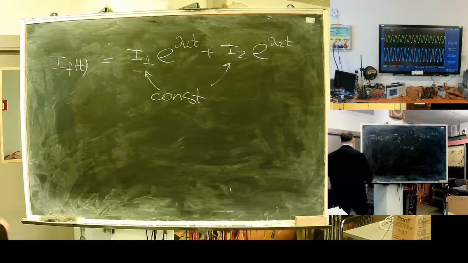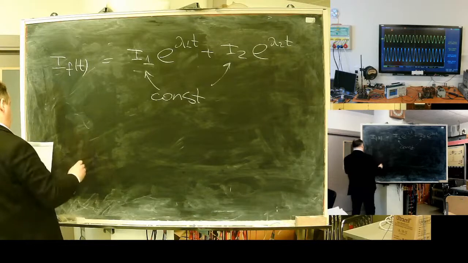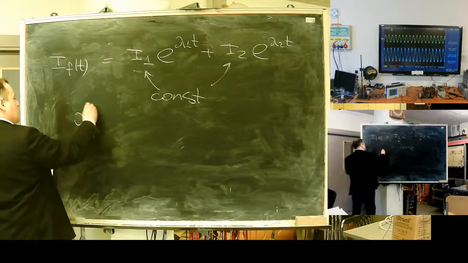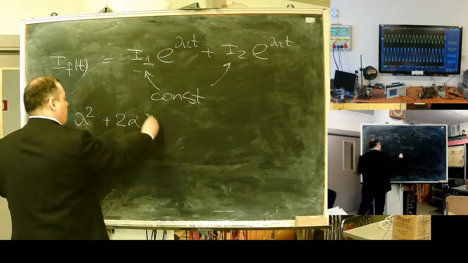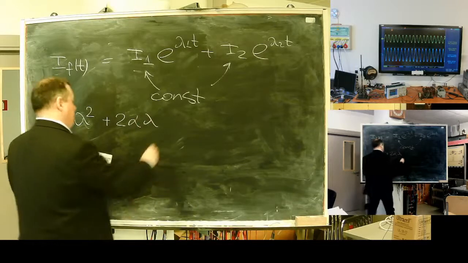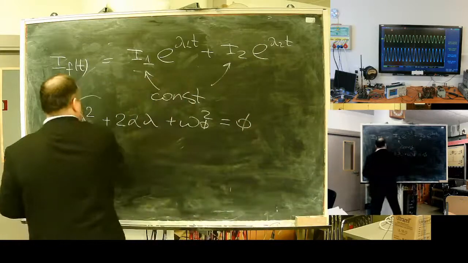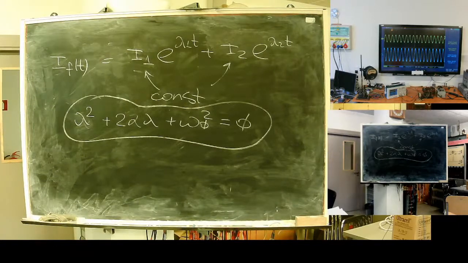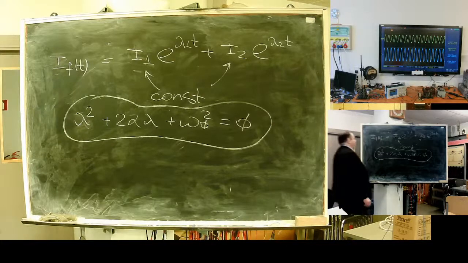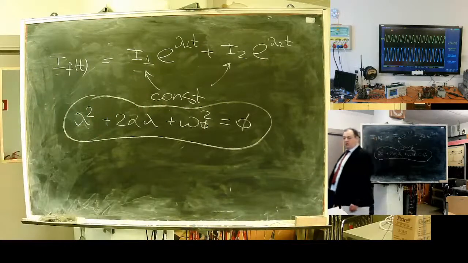And the lambdas are roots of the so-called characteristic equation: lambda squared plus 2 alpha lambda plus omega 0 squared equals 0. The solution of this equation gives us the characteristics of the free component itself.